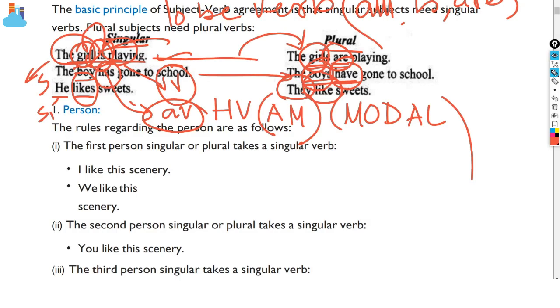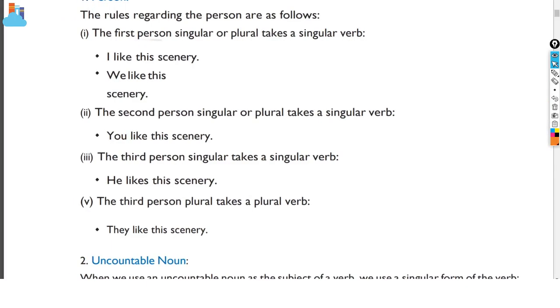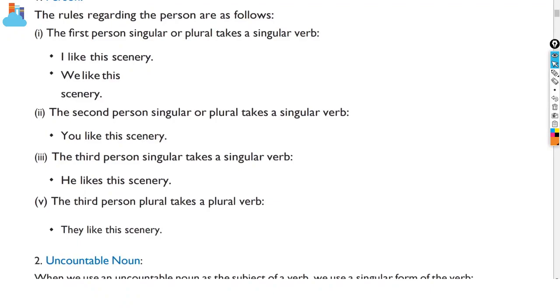Now let us continue. From the examples above, my dear children, we have to notice some things. Number one, the first person singular or plural takes a singular verb.